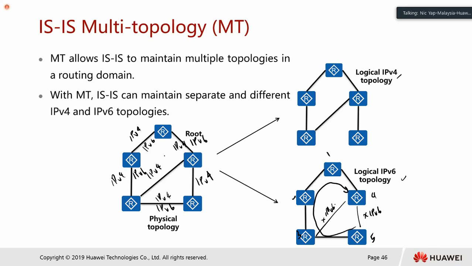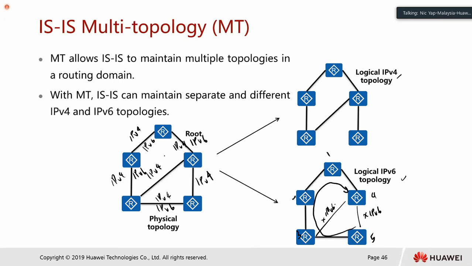So it can be adjusted which interface needs to be enabled. It is more flexible, rather than single topology where everything needs to be defined the same, IPv4 and IPv6, because they're just using one single calculation algorithm, and the calculation algorithm is identical. Is that okay for this multi-topology, the difference between single topology and multi-topology?